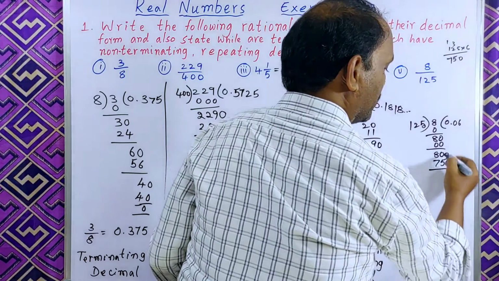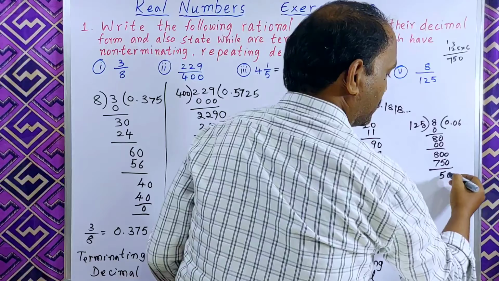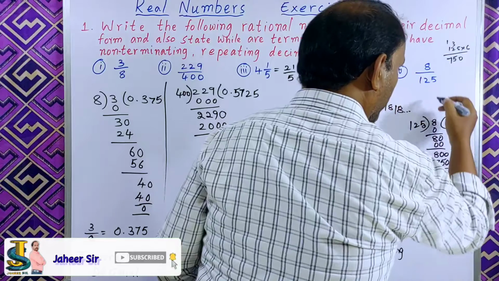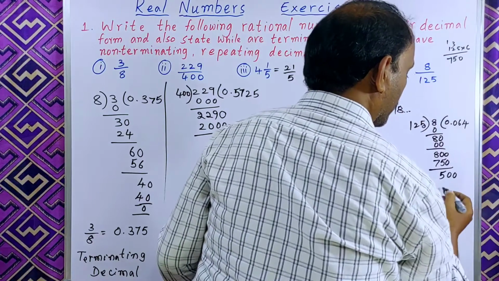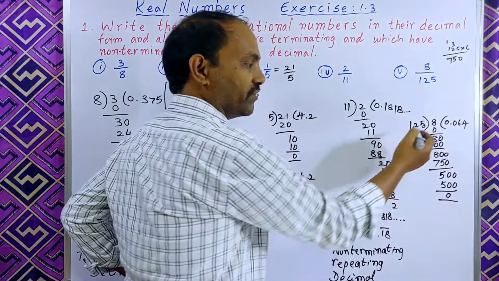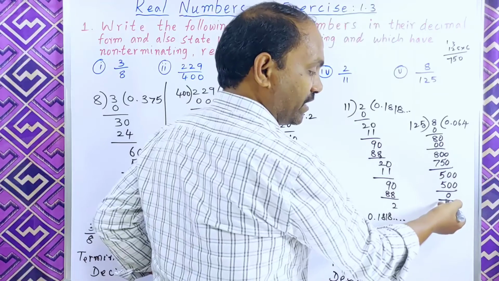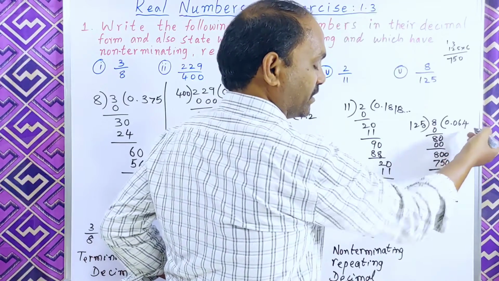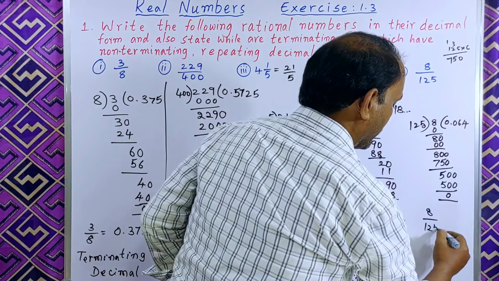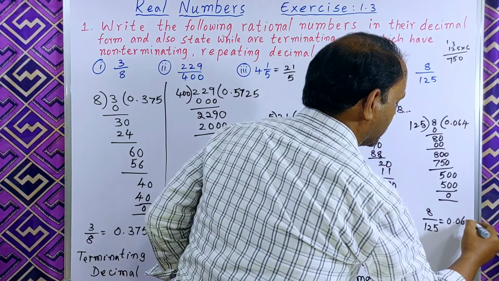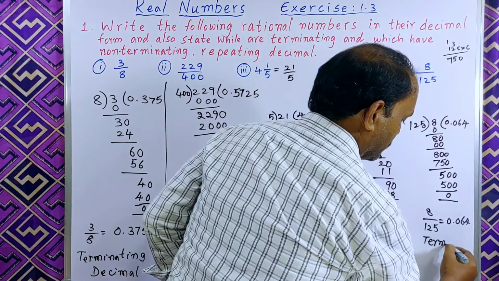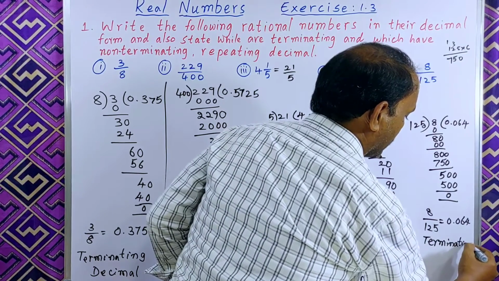Here 10 minus 5, 5, again you write 0. Then 125 into 4. When you multiply 4 times, you get 500. Now the remainder is 0 and this one is not repeated. The remainder is 0, that's why this one is a terminating decimal. 8 by 125 can be written as 0.064. Therefore, this one is a terminating decimal.